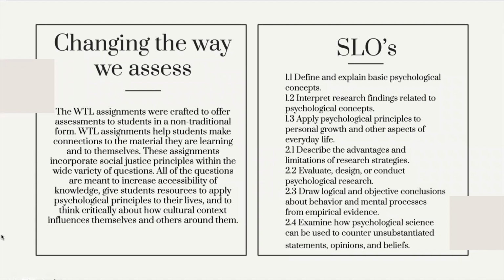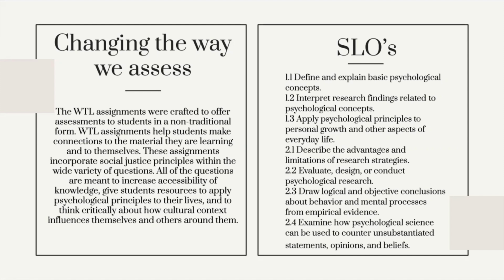So we use these Right to Learns to help students to make connections to the materials that they are learning and to themselves. These assignments incorporate social justice principles within a wide variety of questions, and each question is designed to increase the accessibility of knowledge, give students the resources to apply psychological principles to their lives, and to think critically about how cultural context influences themselves and the others around them.